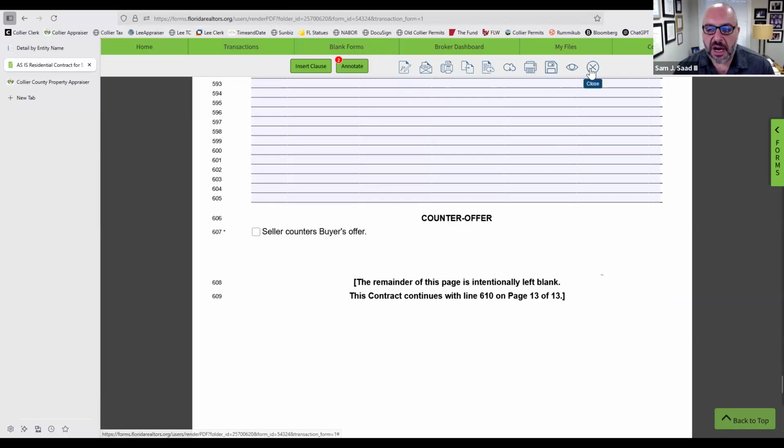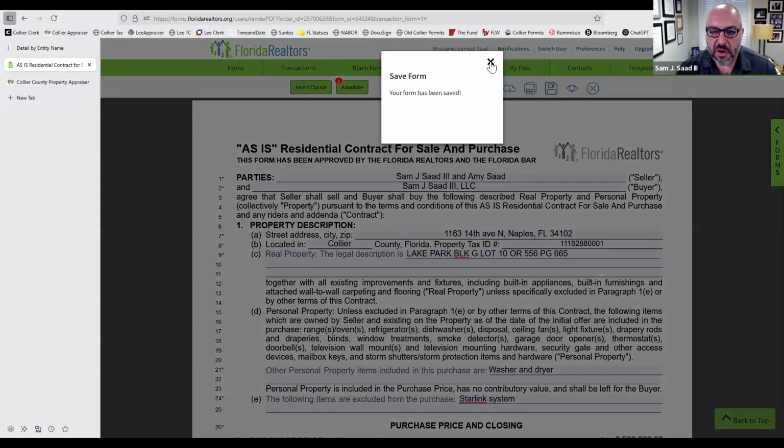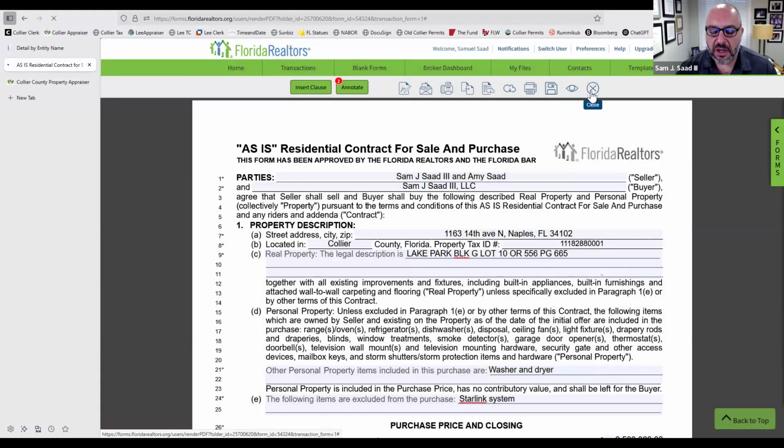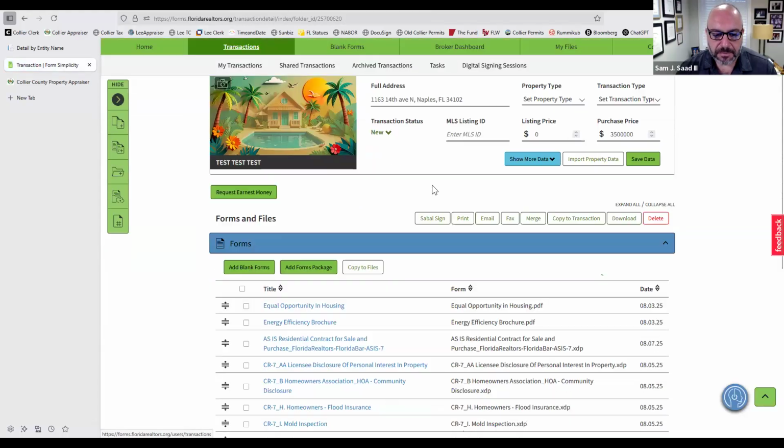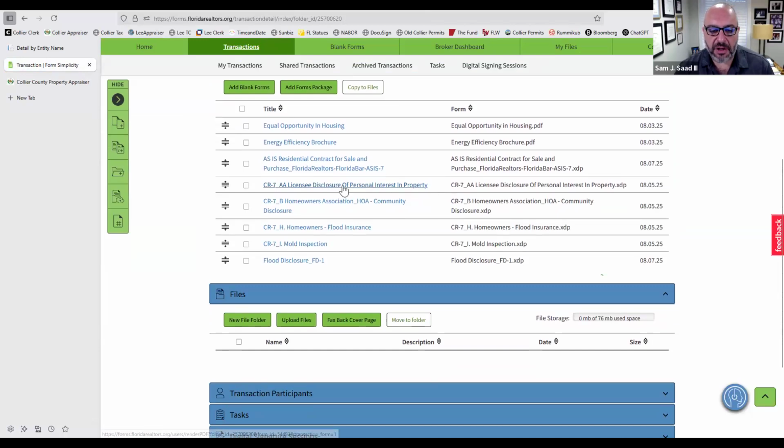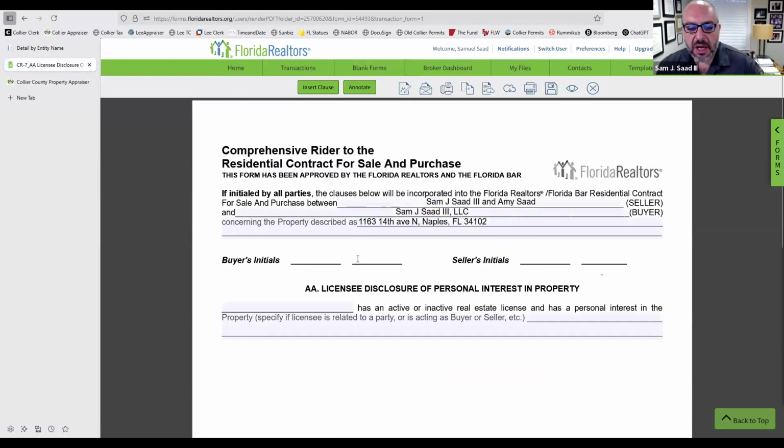So the few other things I want to talk to you about today, first we have to save it. Yes, your form has been saved. We're going to close out of that. Next up, now you saw on the contract, I put myself as a broker. State law requires you to disclose if you have an interest in the transaction. So we're going to fill that in here.